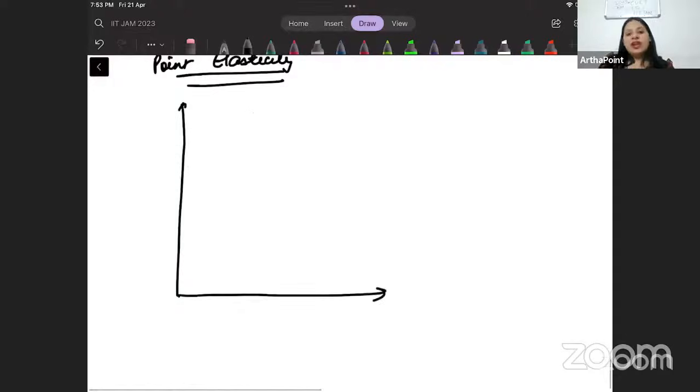So in point elasticity, along a demand curve, एक ही demand curve पे, I can give elasticity at different points. So let's say that this is my demand curve. Along this demand curve, I will give elasticity at different points. So I can give elasticity here, here, here, here, and here.